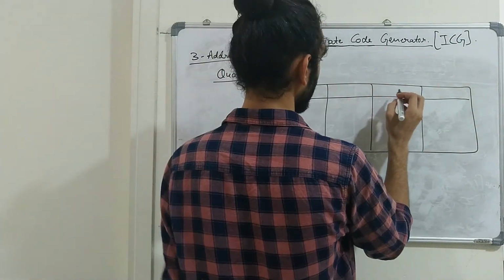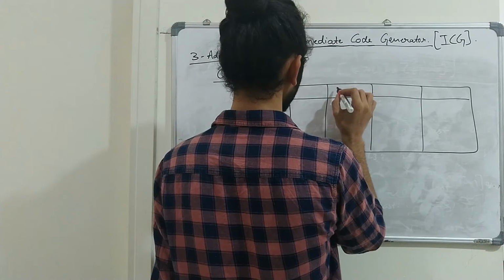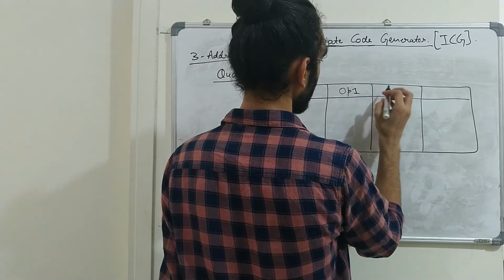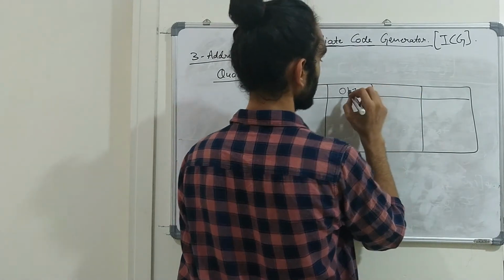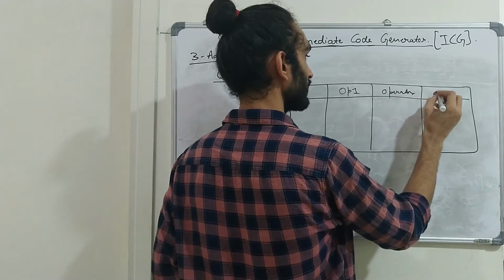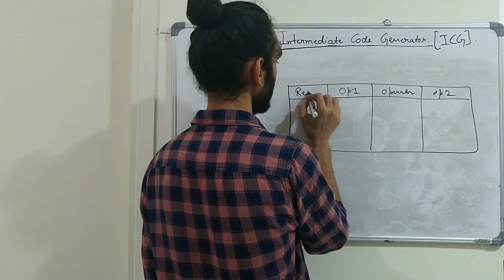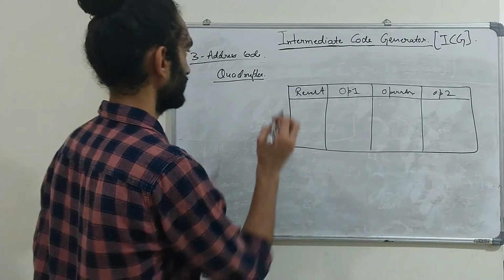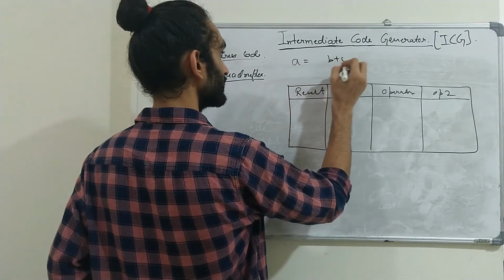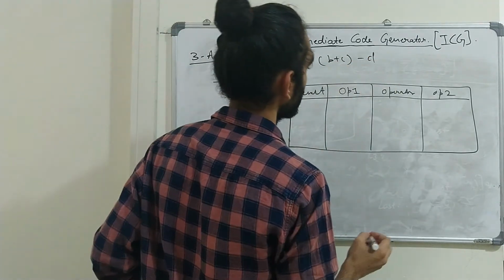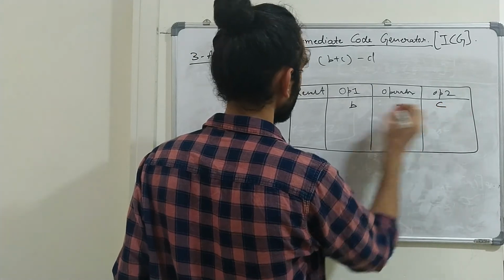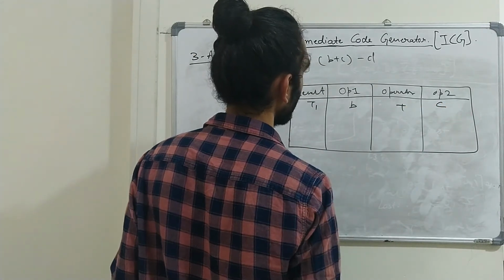So this is going to be your, say, operator, this is your operand 1, this is your operator, this is your operand 2, and this is your result, right? So let's say I am having an expression, say A equals B plus C minus D. So the first thing I am going to write here is B plus C, and I am going to store it in T1, right?